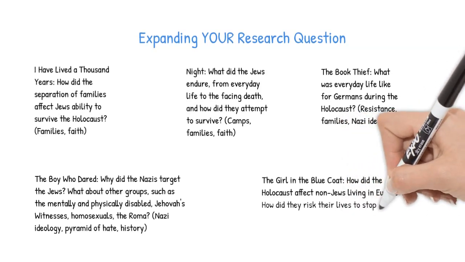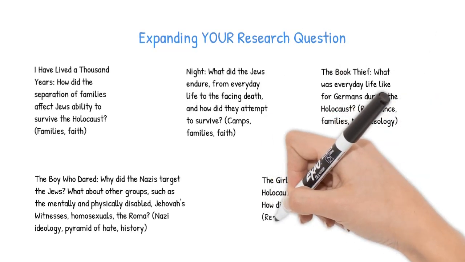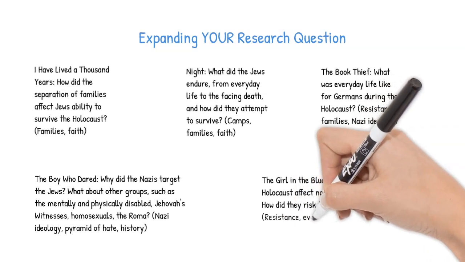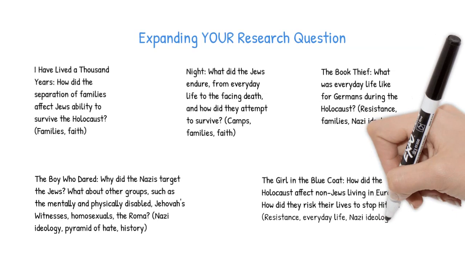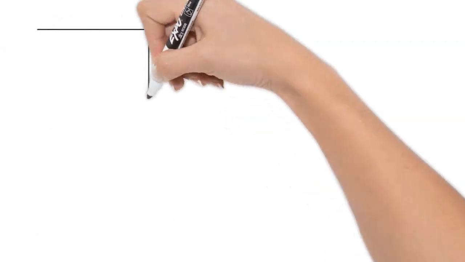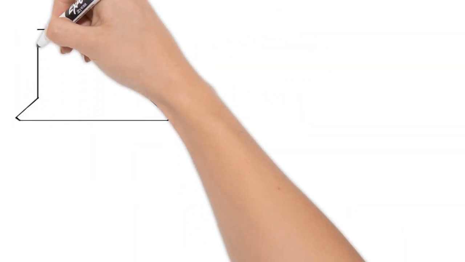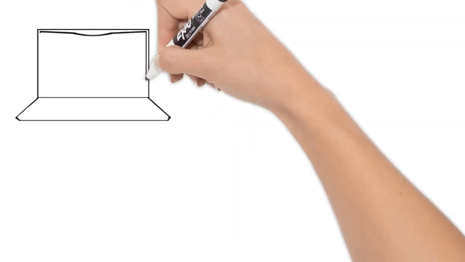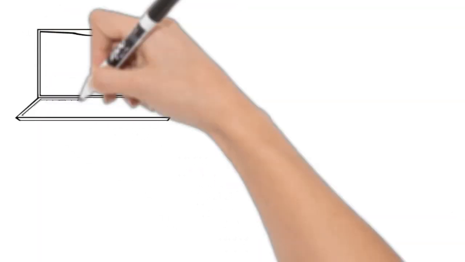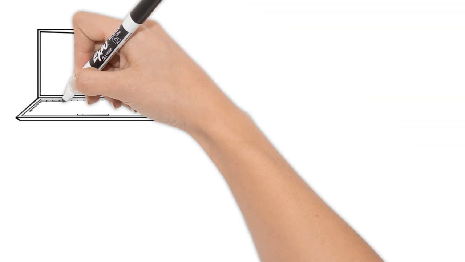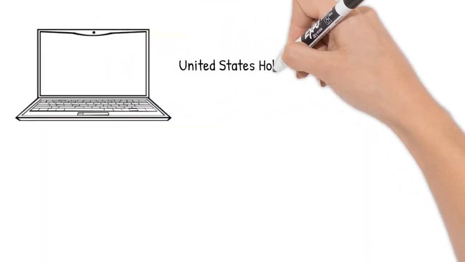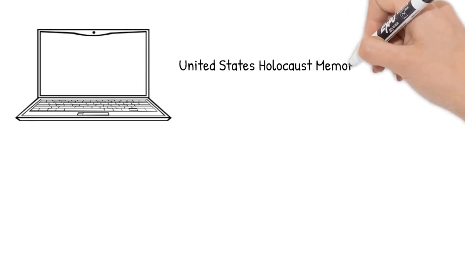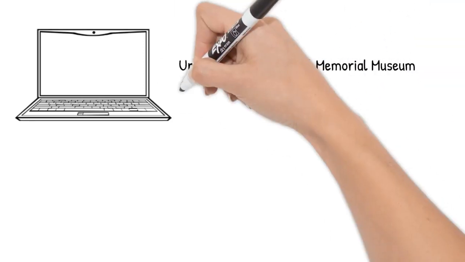The sample that I showed you at the beginning of this from a project from a few years ago is in the video vault on the website. You might want to take a look at that again to see how they frame their questions. You need to do all this expanding of your question before you even start to do research. Make sure that you divide up the responsibilities as to who's going to research what, who's going to do which question, and so on, so that you're not duplicating your efforts.